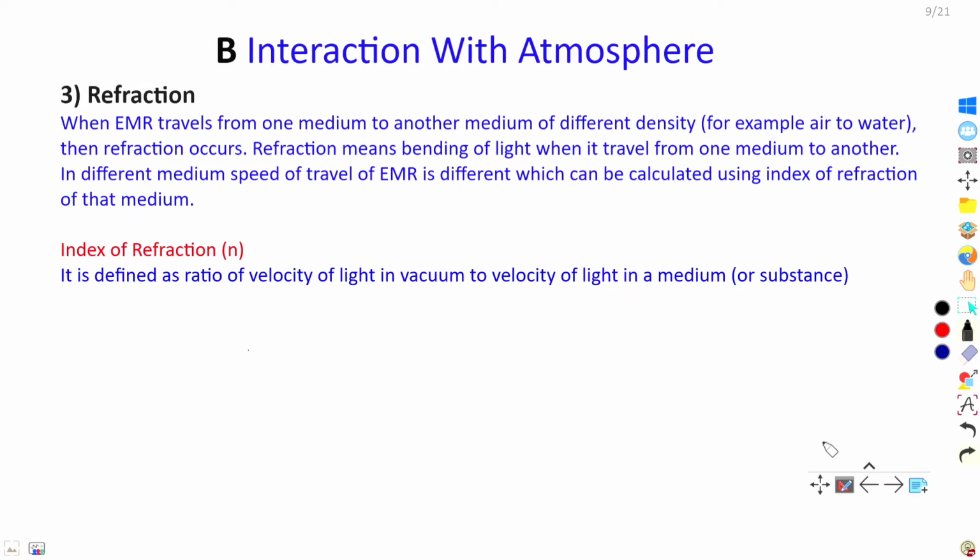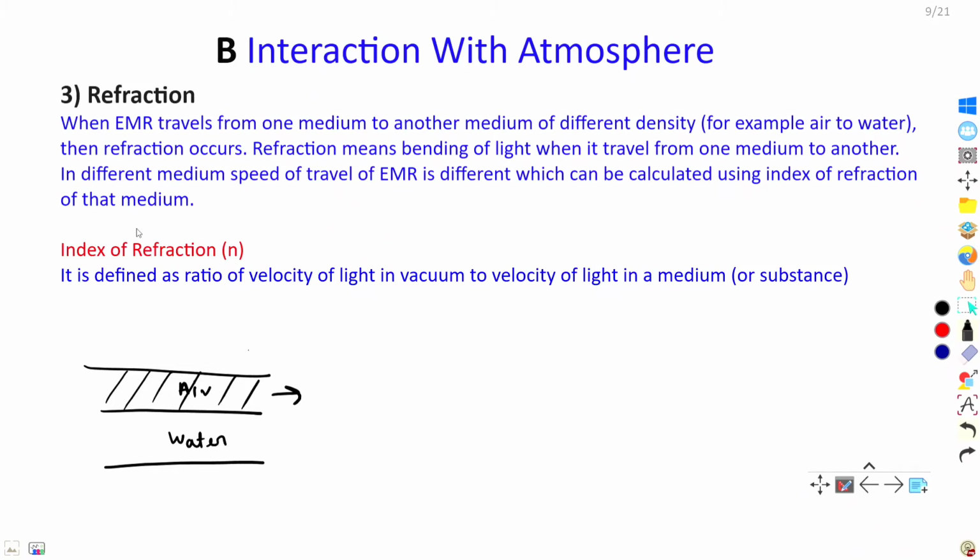We have seen scattering, because of particles the constituent bands get diffused. Now refraction. When rays move from one medium to another, meaning a place having some other density, for example air and water.